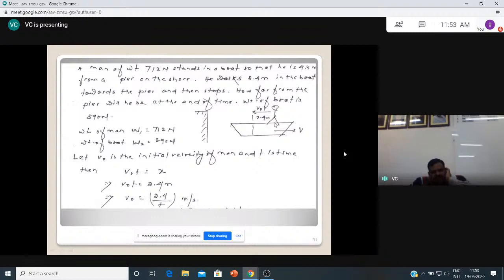The weight of the boat is also given, 890 newtons, so the boat weighs more than the man. That is the example, with small variation: about 71 to 89 kgs, or 712 newtons and 890 newtons. Let V naught be the initial velocity of the man, time t.